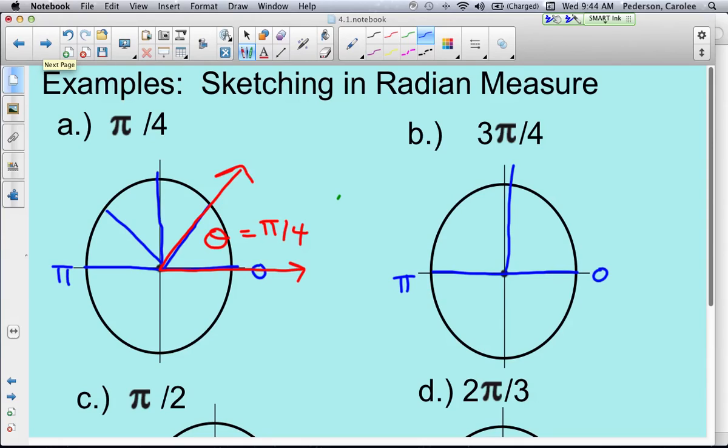Split it in half, split it in half again. So now I have to count 3 pieces of the pie. So here is my initial side. This would be pi over 4. This would be 2 pi over 4. And this would be 3 pi over 4. So my angle looks like this. There's my theta.